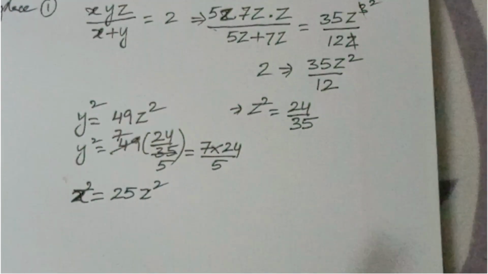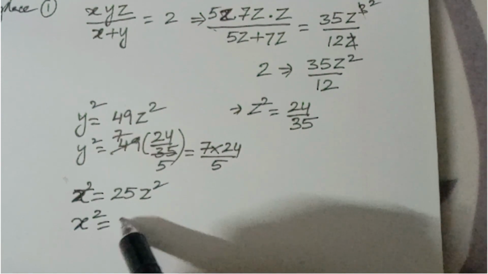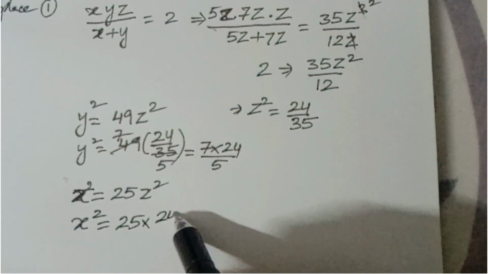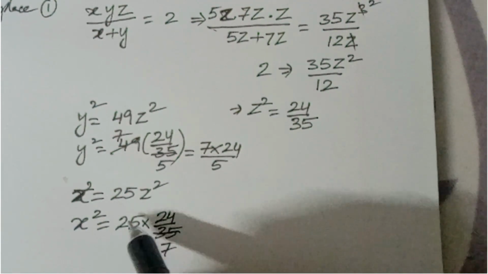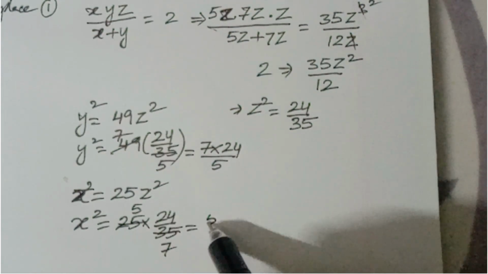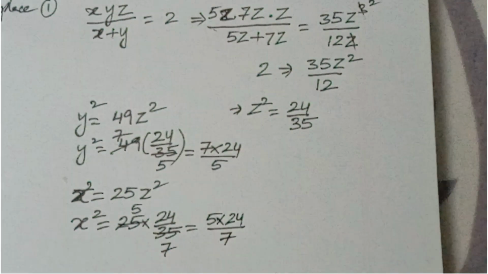X square is equal to 25 into 24 by 35. Here 5 fives are 25, 5 sevens are 35. So 5 into 24 by 7.